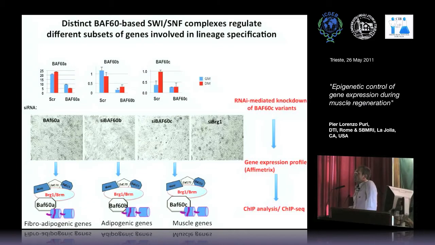The B was more specific for the adipogenic genes, and the C was specific for the muscle genes, indicating that the BAF60C-based SWI/SNF complex is the complex that helps MyoD in promoting muscle gene expression.